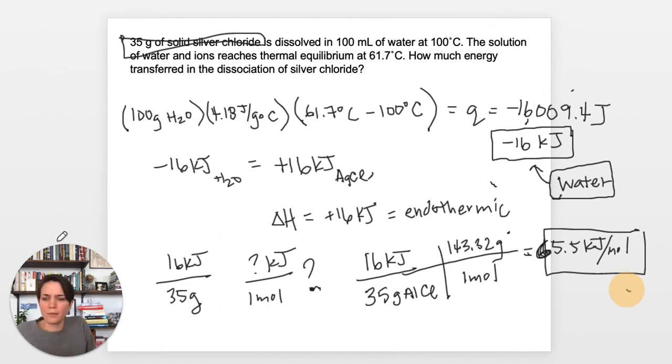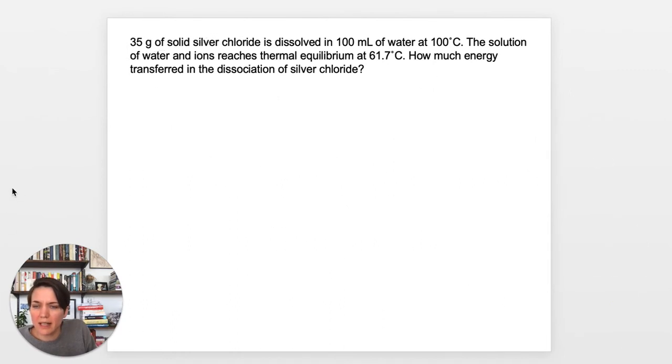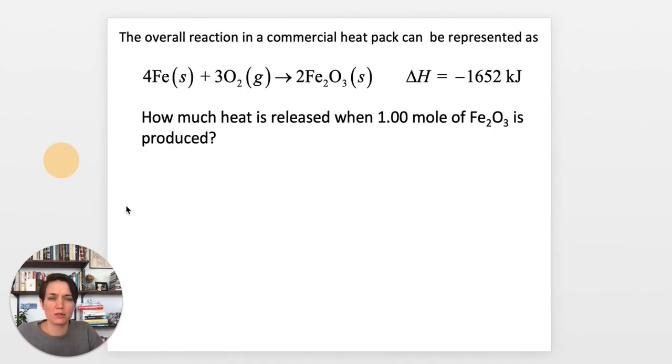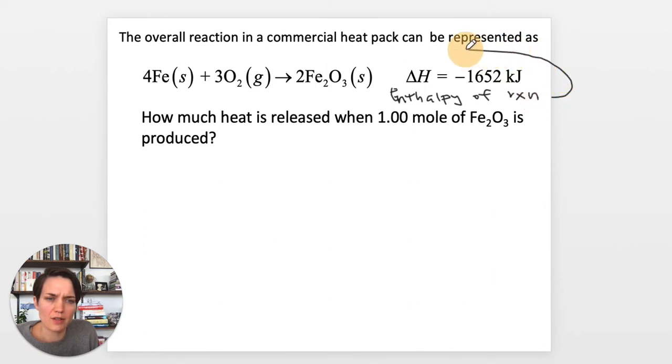Very cool. All right, so that's that problem, and now we're ready to make this really important transition to talking about enthalpy of reactions. So this change in our delta H would be the enthalpy of this reaction, right? So we just found the enthalpy of the reaction, which was a dissociation of silver chloride.